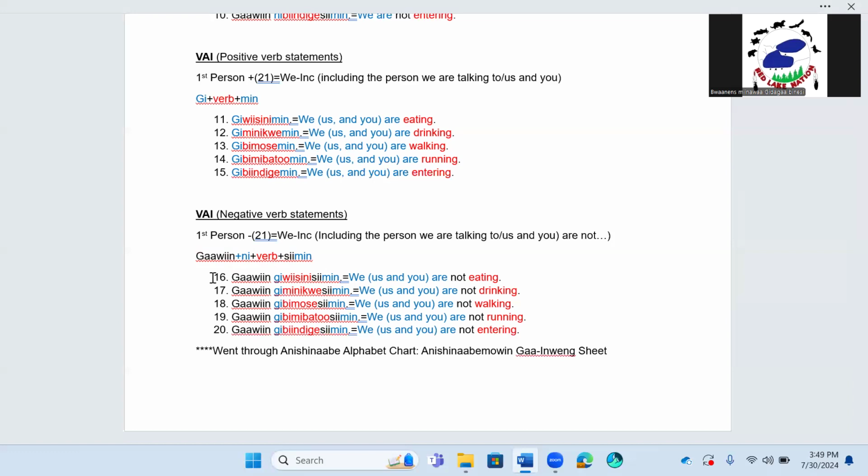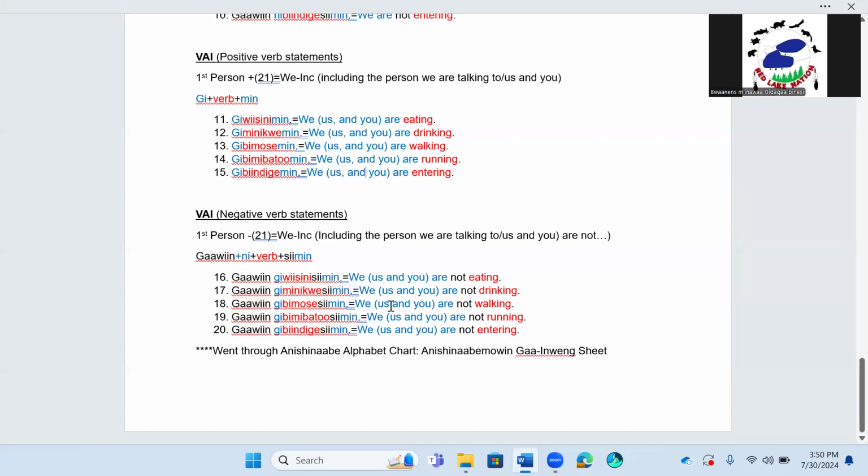Number 17, gawiin giminikwesimin. We are not drinking. Number 18, gawiin gibimosesimin. We are not walking. Number 19, gawiin gibimibatoosimin. We are not running. And number 20, gawiin gibindigesimin. We are not entering.